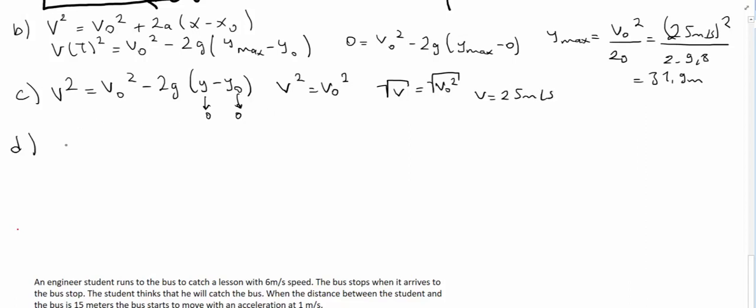And for D, y is equal to y0 plus v0t minus 1 over 2 gt squared, and 0 equals 0 plus v0t minus 1 over 2 gt squared.